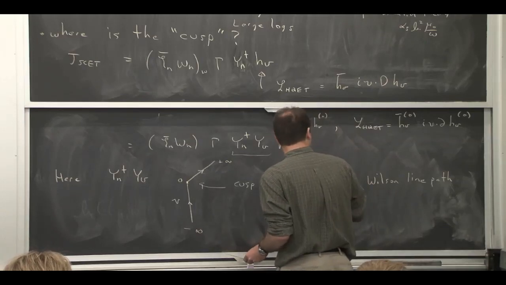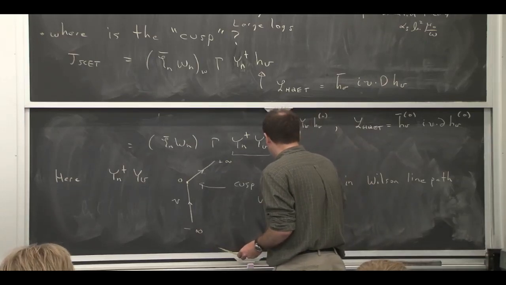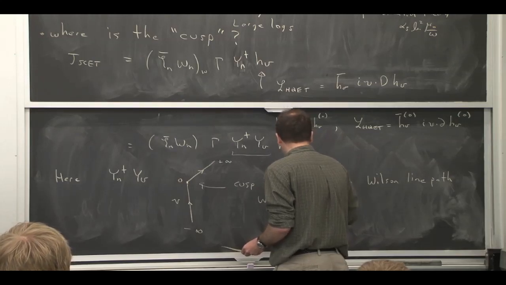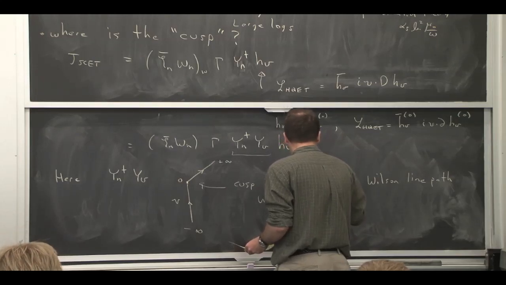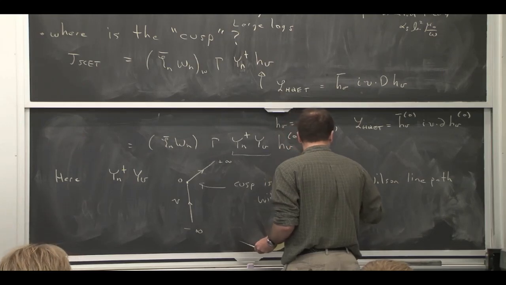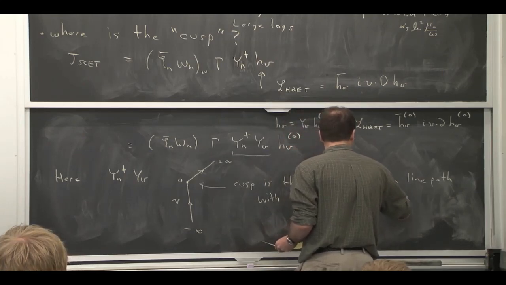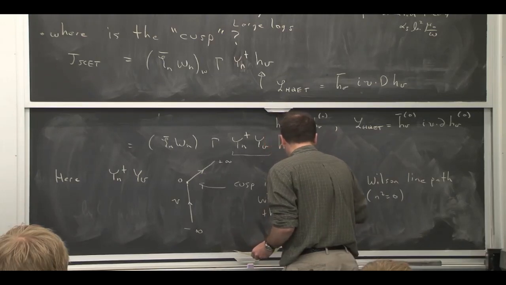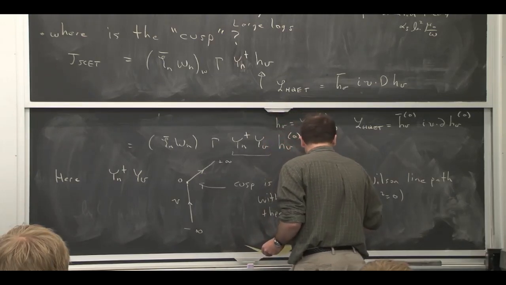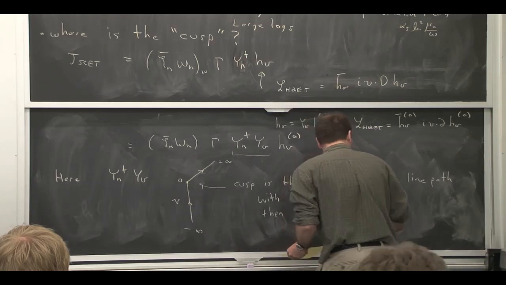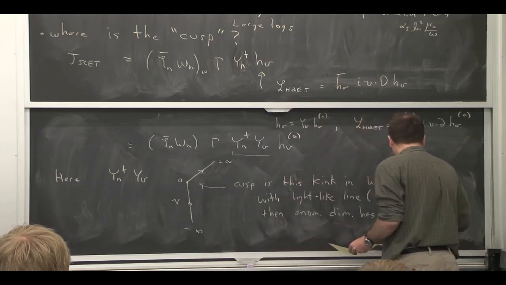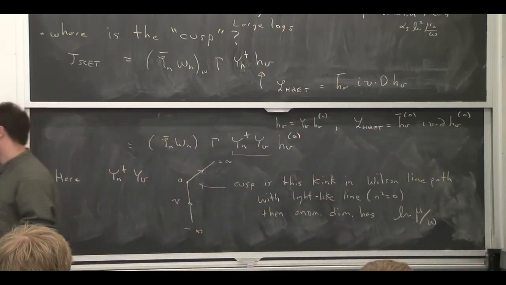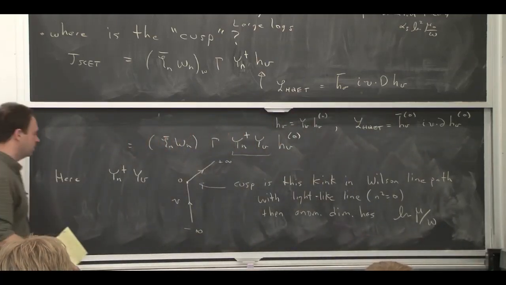So if one of the lines here is light-like, and one of them is not, because n squared was 0, then the anomalous dimension for this cusp will have a single log like our log of mu over w. So that actually holds not only to one loop, as we talked about, but to all orders in perturbation theory.